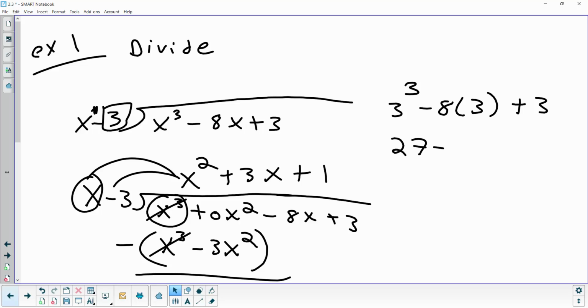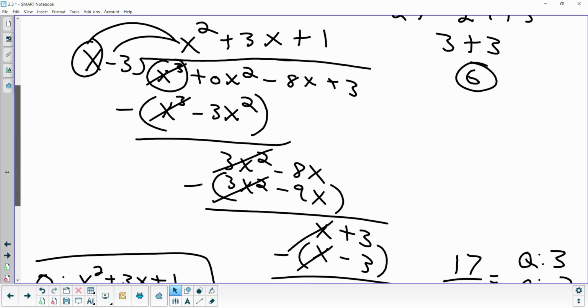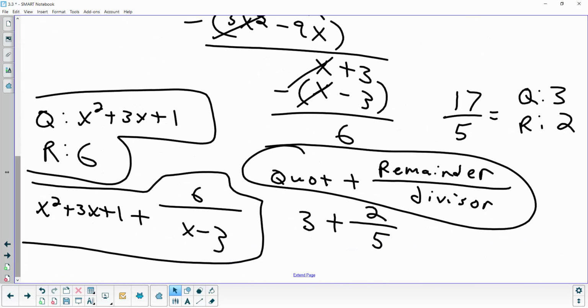What's 8 times 3? Chris? 24. 27 minus 24 is how much? Yep. 3. 3 plus 3 gives me 6. Let's scroll down and see what the remainder was when we did this problem. 6.